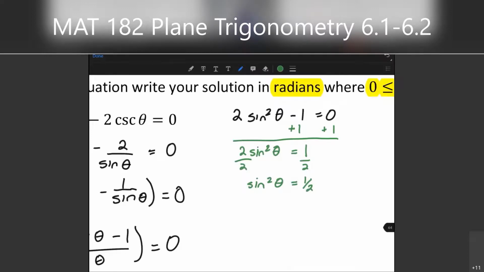Now, if I wanted to get sine theta out of this, what operation should I be using to get my sine theta?